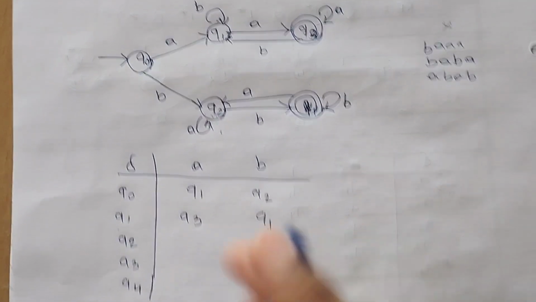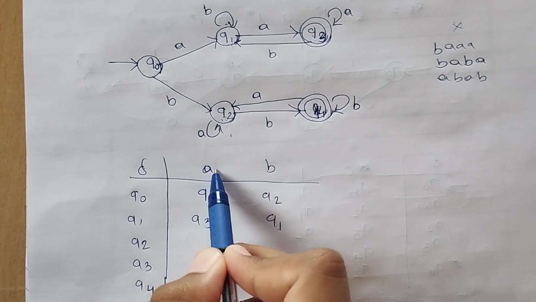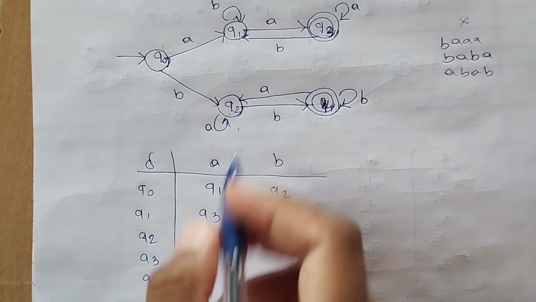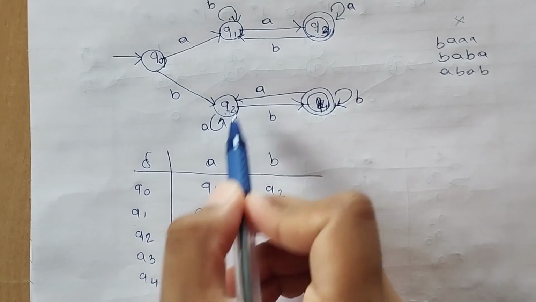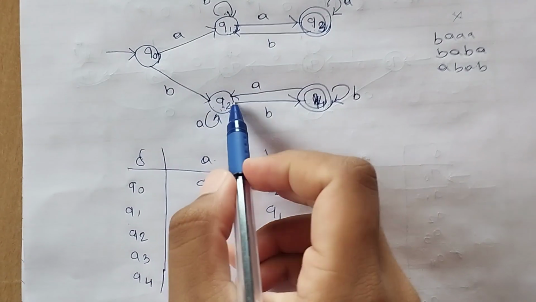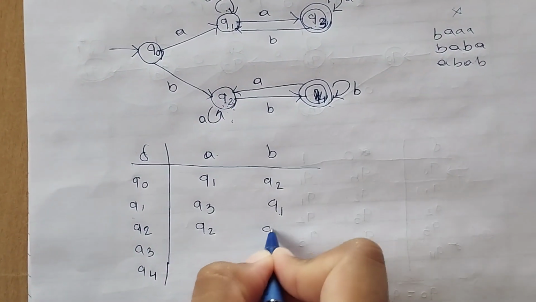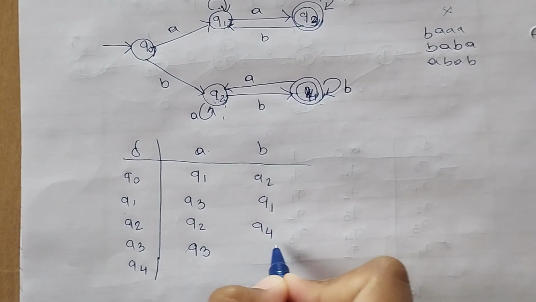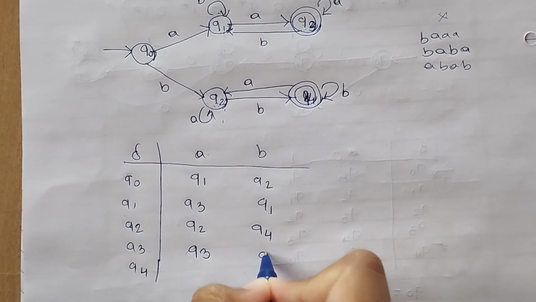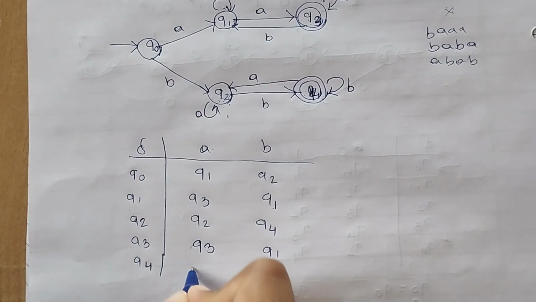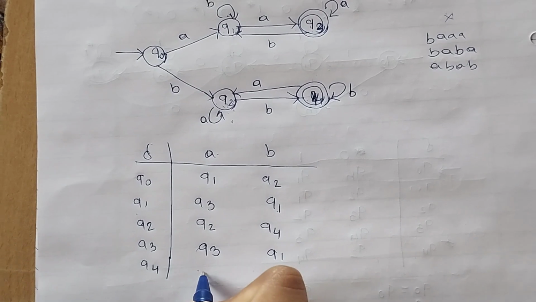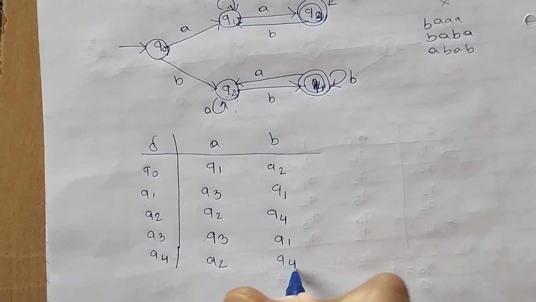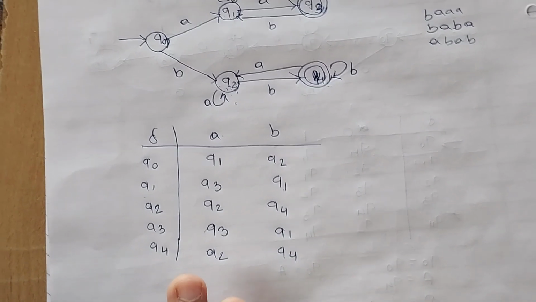Our DFA is wrong. For a single variable, only one state can come in a DFA. Now Q2, a is transferred to Q2 itself, and b is transferred to Q4. For Q3, a is transferred to Q3 itself, and b is transferred to Q1 here. Q4, a is read by Q2 and b is read by Q4. So this is the DFA table.